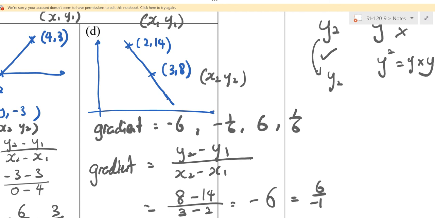Jessie is proposing, teacher, can I write down 14 minus 8 over 2 minus 3? You press your calculator. You use mental sum. 14 minus 8 is 6. 2 minus 3 is minus 1. It's your mistake, not calculator mistake. Calculator doesn't make mistakes. It's the user. Clear? And okay, now go on to the next one. Special gradient.